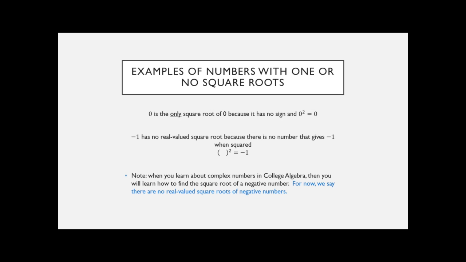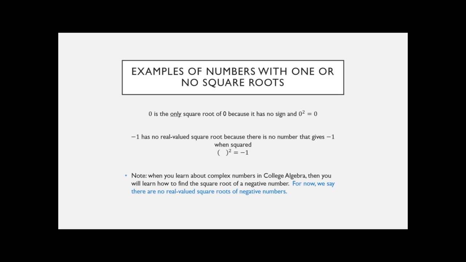So if you have a negative value, there is no square root, but we specifically say it's no real valued square root because in college algebra you learn about complex numbers and how we can use square roots of negatives.